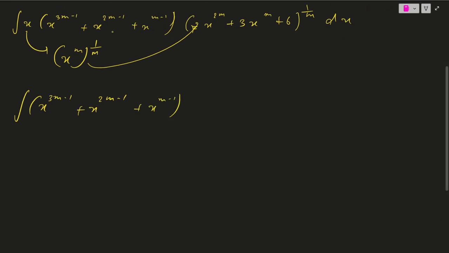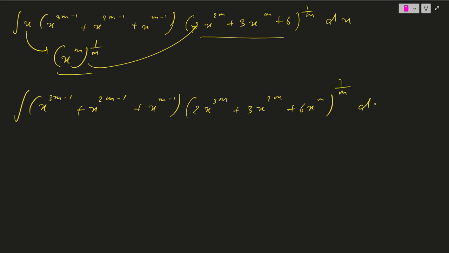After multiplying this in this, what we'll get is 2x^(3m) plus 3x^(2m) plus 6x^m. Now the difference between both the degrees is 1. 3m minus (3m minus 1), this will be cancelled out, sign will change, it will be 1.